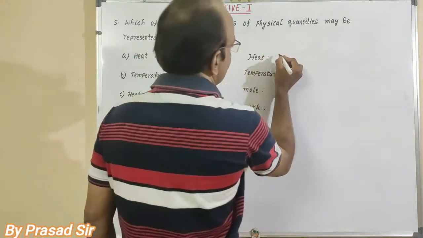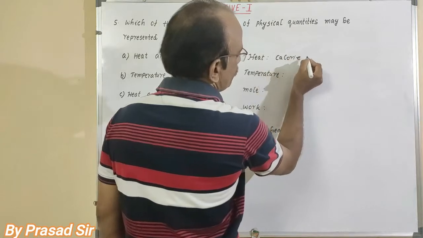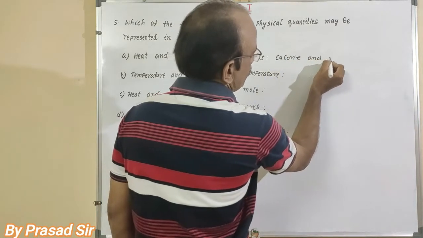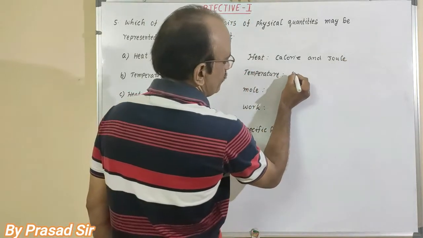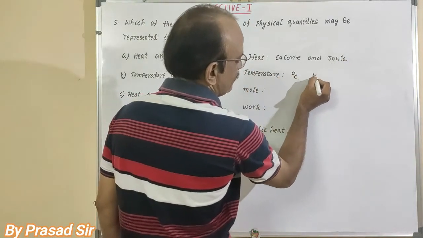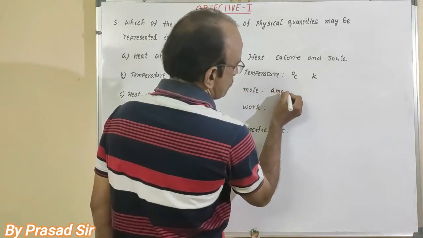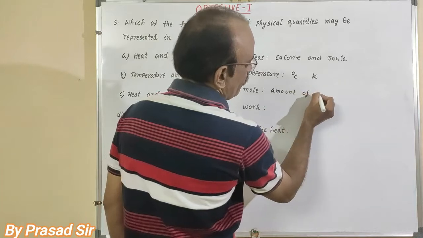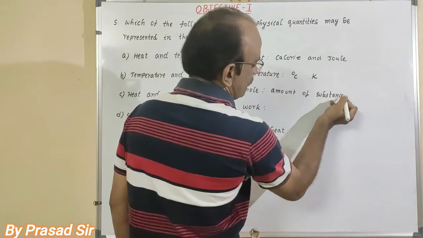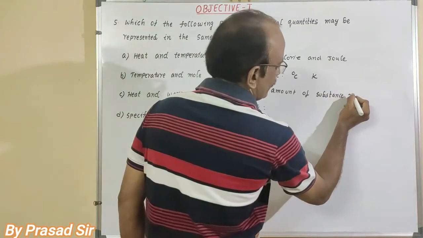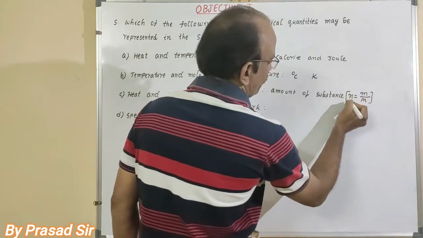Heat: calorie, and another unit is joule. Temperature: degree centigrade and Kelvin. Mole is the unit of amount of substance. So here mole, n is equal to mass divided by molecular weight.